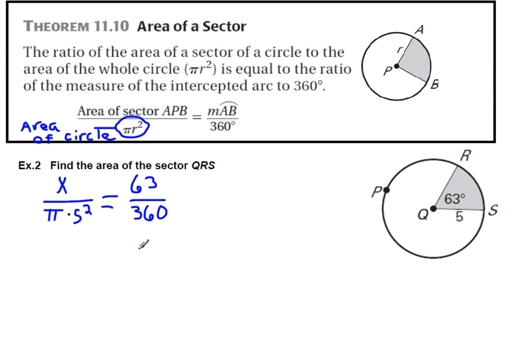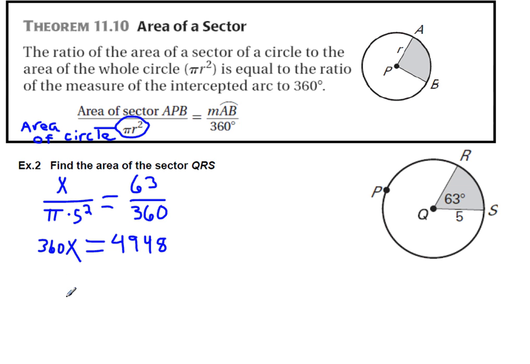Okay, from there we can just cross multiply, so 360 times x equals, and we'll go ahead and type that all in, pi times 5 squared times 63. And I got 4,948 approximately.